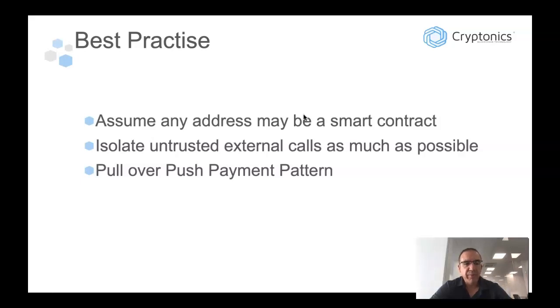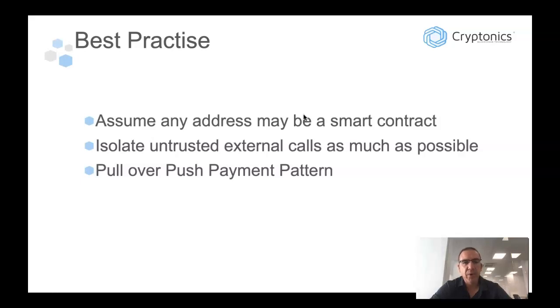The way to do that with payments is what we call the pull over push payments pattern. That basically means you try to avoid pushing funds out to people. If your smart contract holds funds that other people might wish or need to receive, it's best to mark them somehow and then have a withdrawal function, and let them pull the payment.